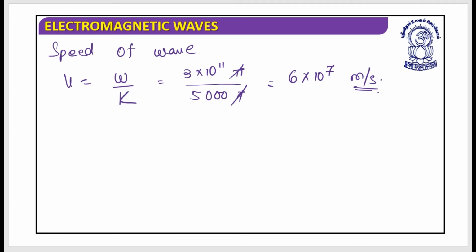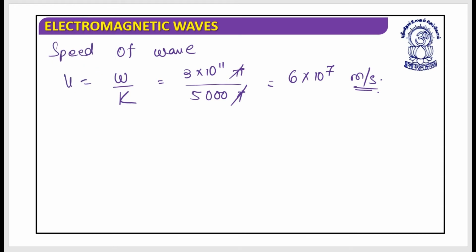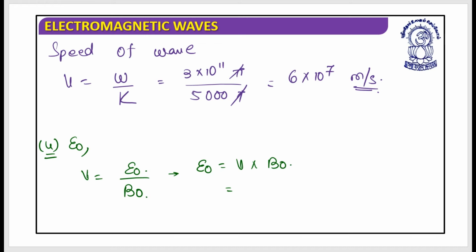Next I want the electric field amplitude, it's E naught. How will I have it? I have the relation V equals E naught by B naught. So it means E naught is equal to V, which is the wave velocity, multiplied by the magnetic field amplitude.